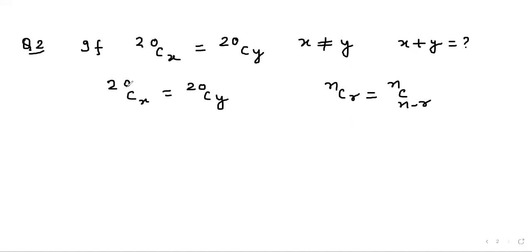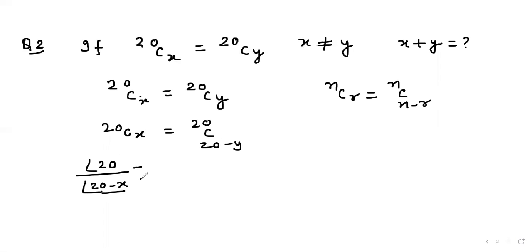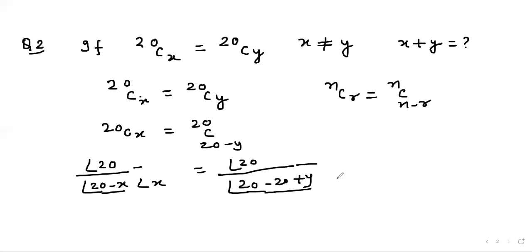So 20Cx equals 20C(20 minus y), and then it is factorial 20 divided by factorial 20 minus x times factorial x equal to factorial 20 divided by factorial 20 minus 20 plus y times factorial 20 minus y.